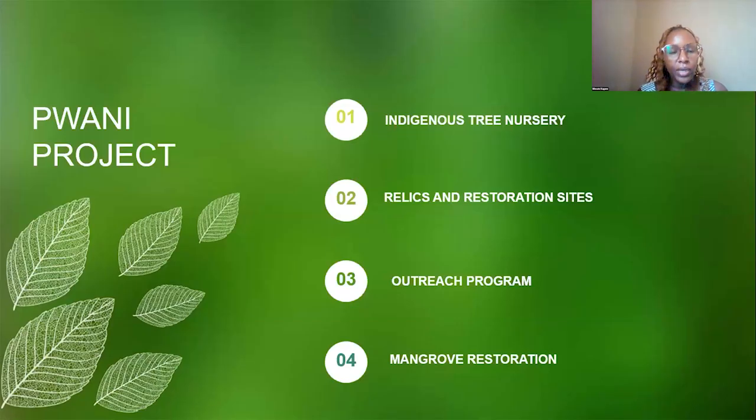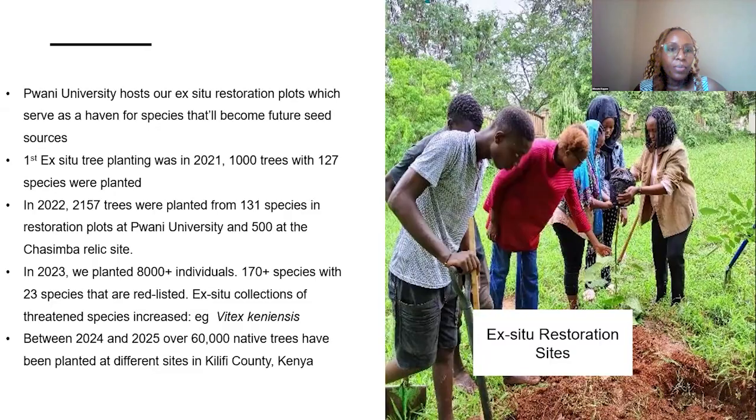So in Kenya, we have what we call the Pwani Project, which has 4 major components. That is our indigenous tree nursery, what we call the relics and restoration sites, an outreach program, and mangrove restoration. Pwani University in Kilifi hosts our ex situ restoration plots, which serve as a haven for species that will become future seed sources.